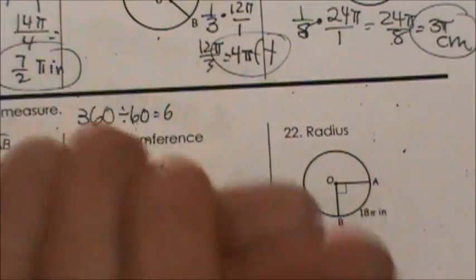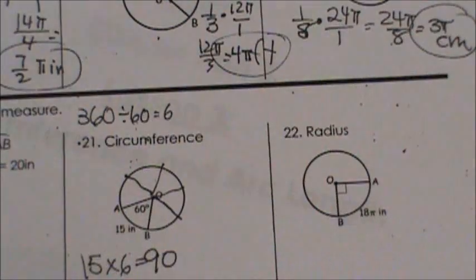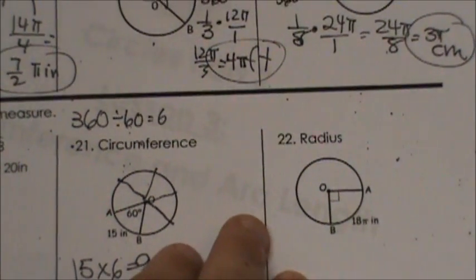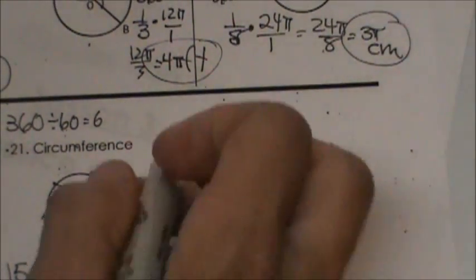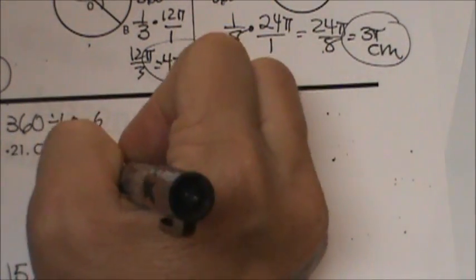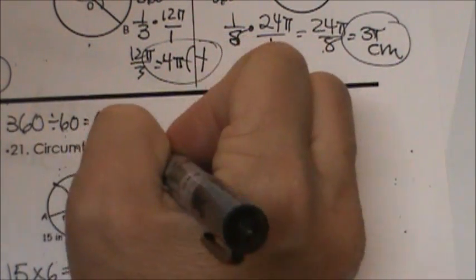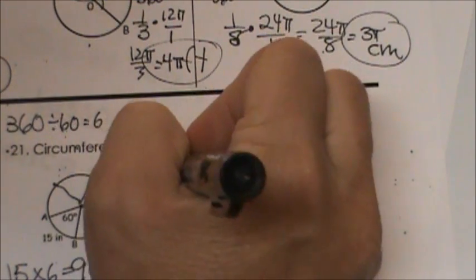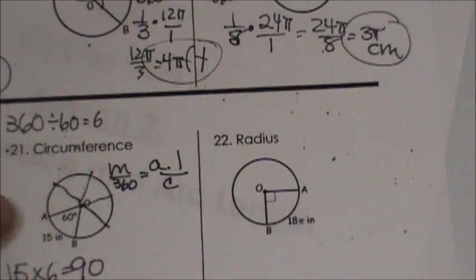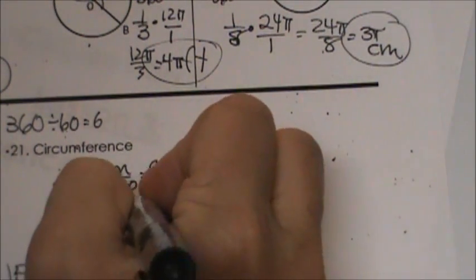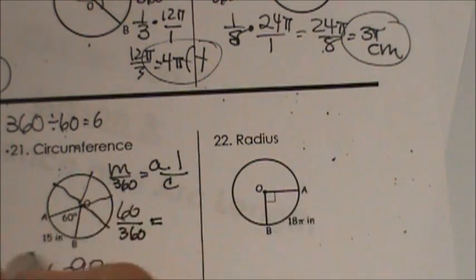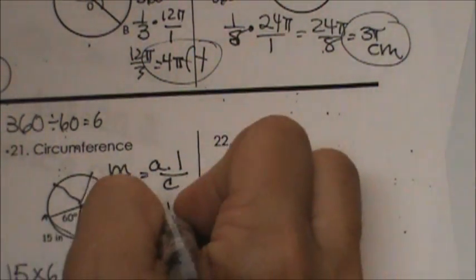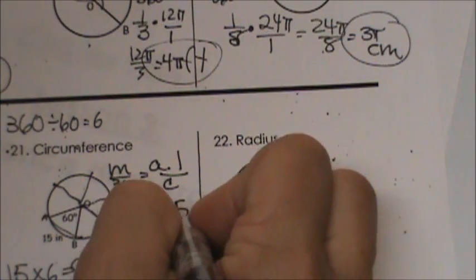Now, if you are a formula person, I've got a formula. This is what you're going to do. Remember that little proportion I gave you. Let's use the proportion. The measure over 360 equals the arc length over circumference. The measure is 60 over 360 equals arc length 15 over circumference.